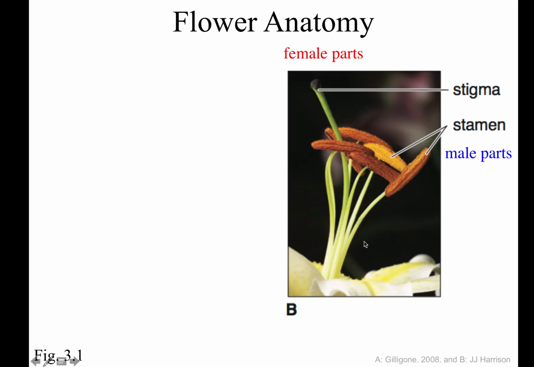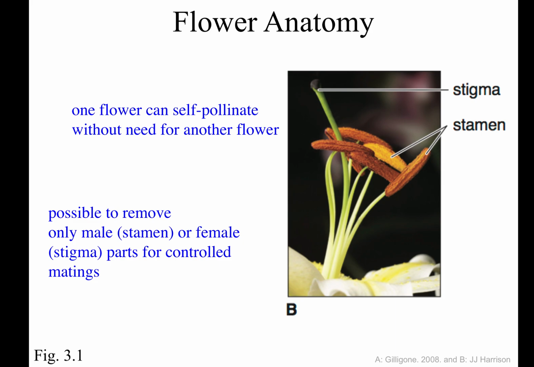One advantage of his organism is it had both male and female parts, and it didn't move. So he could easily take the gametes, the sexual cells, from this male individual and that female individual. You take pollen from the male parts and put it on the female parts of any two plants he wanted, and then he could control the breeding and see what happens.